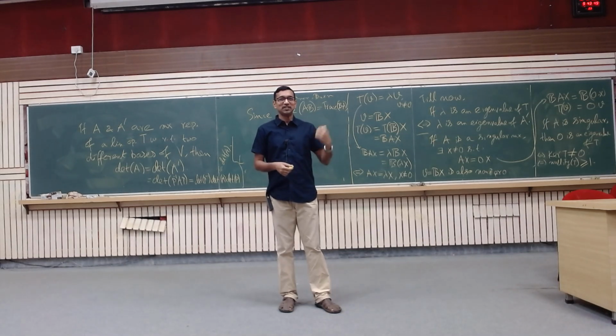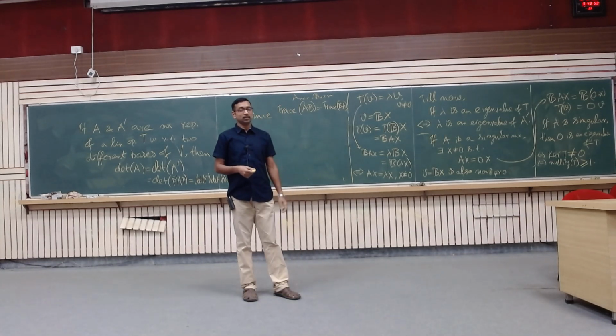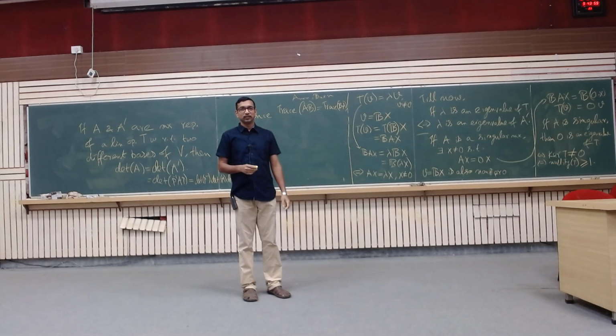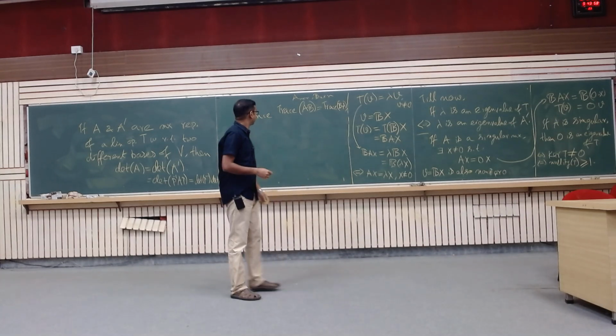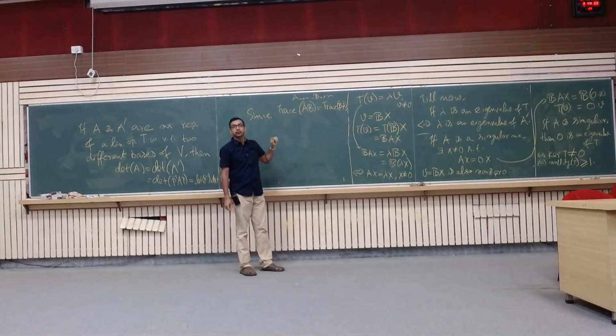So if you have seen it, please tell. How do you start? It's actually simple. Just give me the definition. Trace of AB. What is trace of AB?